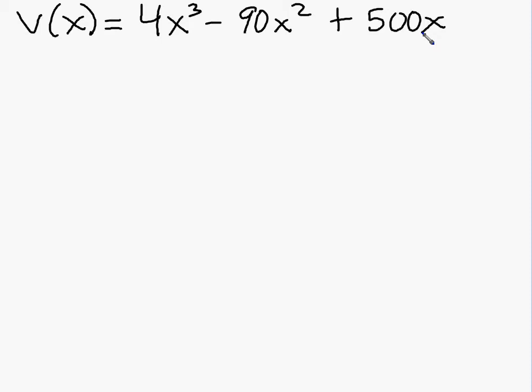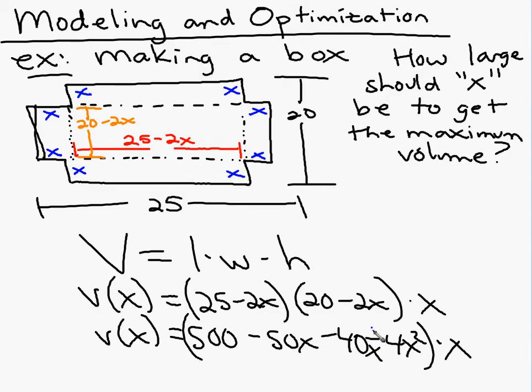Now we're ready to start finding the maximum. You'll notice this 4 is positive. When I was multiplying here, this should have been a positive because we have a negative times a negative.